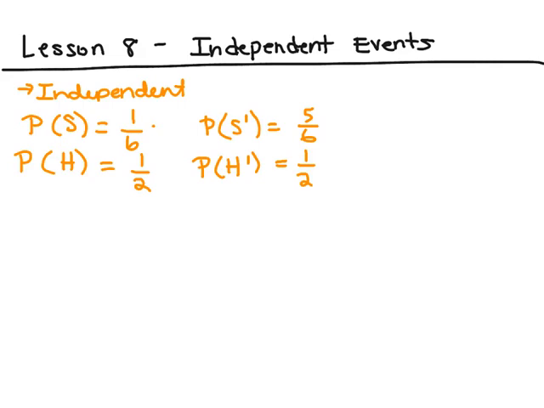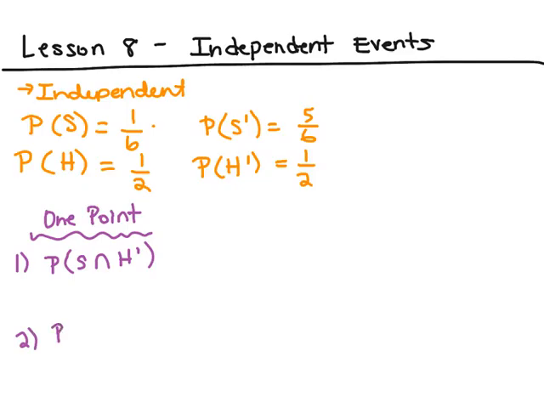So to get 1 point in the game, you could either roll a 6 and not roll a heads, so a 6 and a tails, or you could roll not a 6 and a head. So you can only get one of them right.